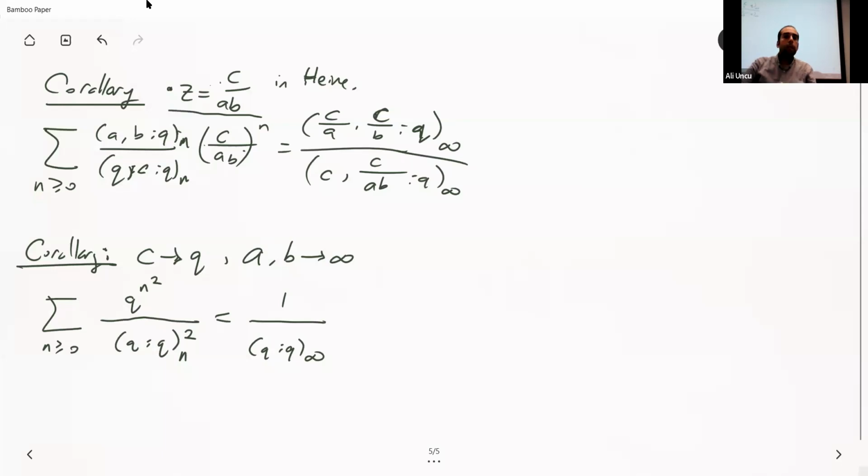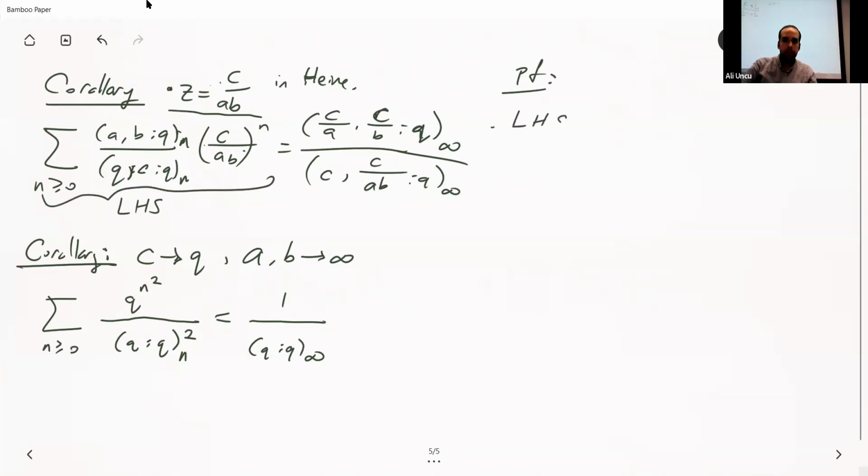So would you like to see the proof of the corollary? Yes, no, maybe, sure. Okay, so we will use Heine's theorem for the proof of that. Proof: in Heine, I will just plug in z equals c over ab, right? So when I plug that in, the left-hand side becomes that.